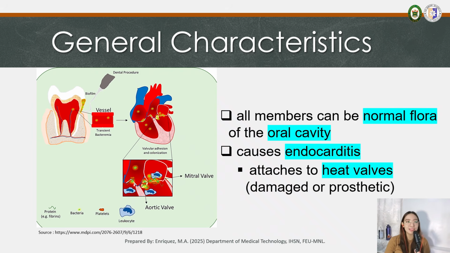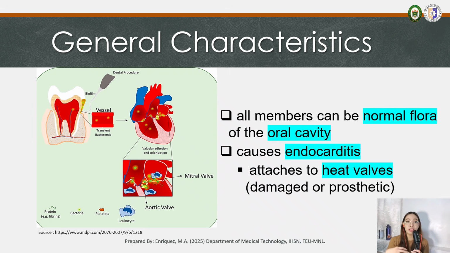But when they accidentally get moved to somewhere else outside of their usual habitat, isa po yun sa mga opportunity para sa kanila to finally cause the disease. So sometimes when people have tooth diseases or when they get dental procedures done, these bacteria accidentally enter the bloodstream through the vessels in the pulp of their teeth, as we can see right here in this illustration.